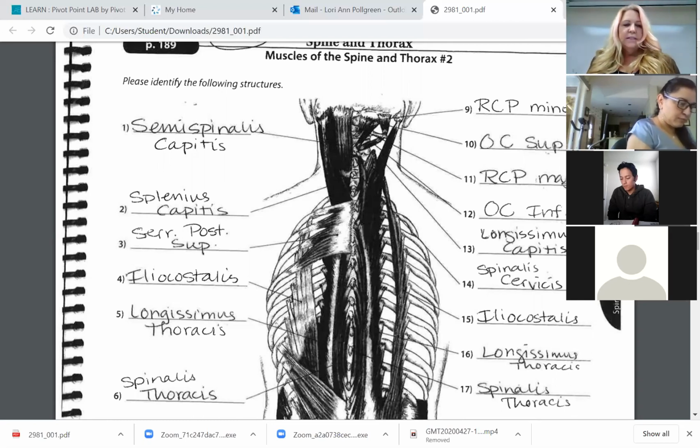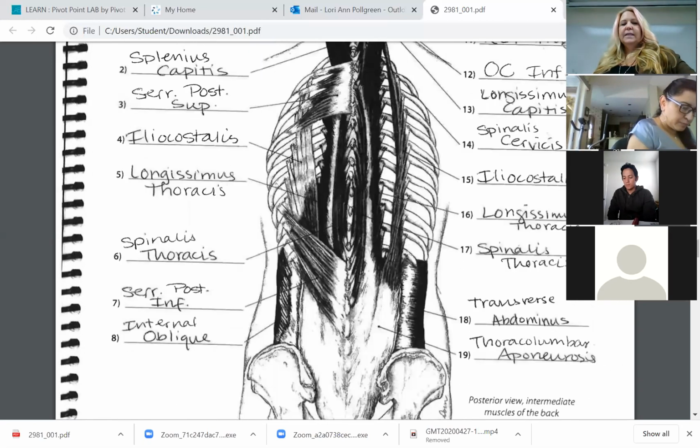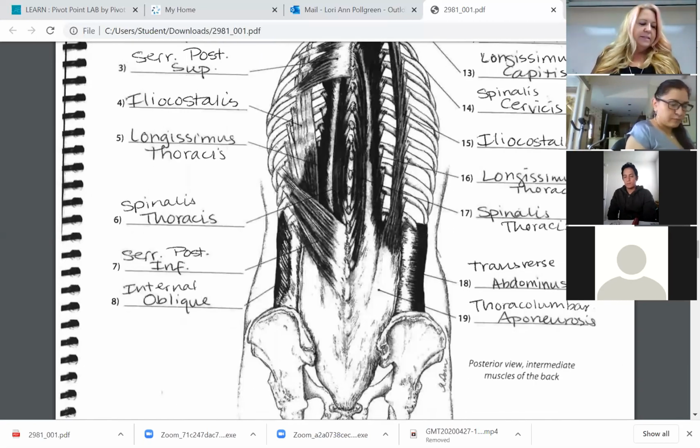15, iliocostalis. 16, longissimus thoracis. It's just mirroring number 5. It's just showing a different cutaway of it for us. 17, spinalis thoracis. 18, transverse abdominis.